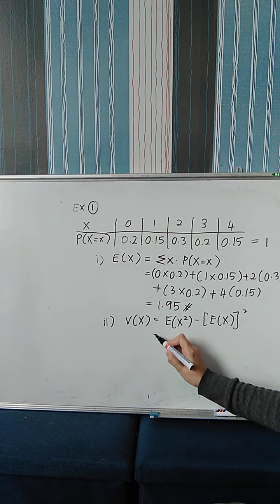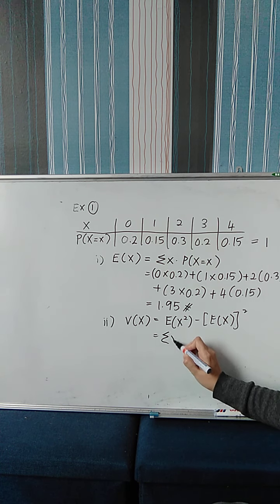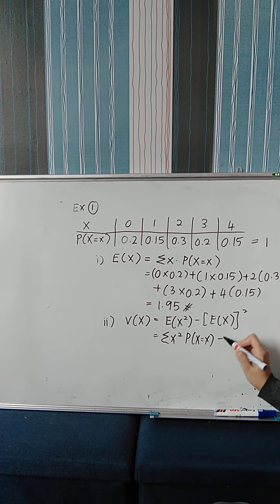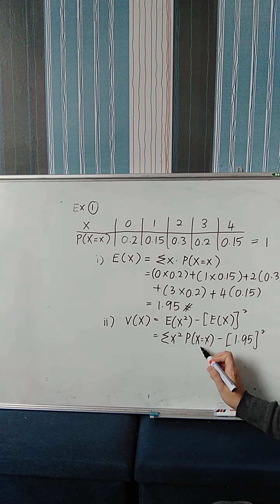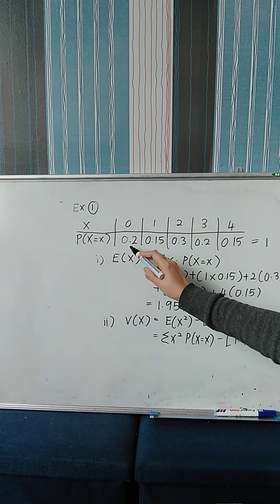So we need to find the expected x squared. To find expected x squared is the sum of x squared P(x). Minus expected x from number 1, which is 1.95 squared. How to find x squared P(x)? You just square the x and then times the P(x).